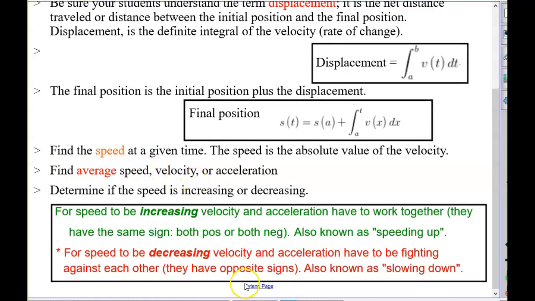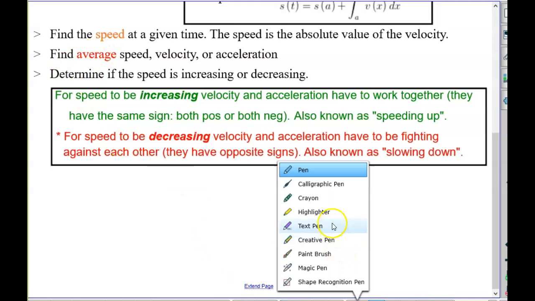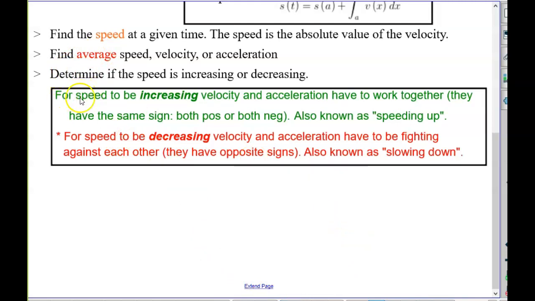This is the big one that they usually have a question on, and we just saw that in today's warm-up twice. For speed to be increasing, the velocity and acceleration have to work together. They have to have the same sign, both positive or both negative. If they do, that's called speeding up. So they could say, is the velocity speeding up or is it increasing? And you would just check that velocity and acceleration have the same sign.